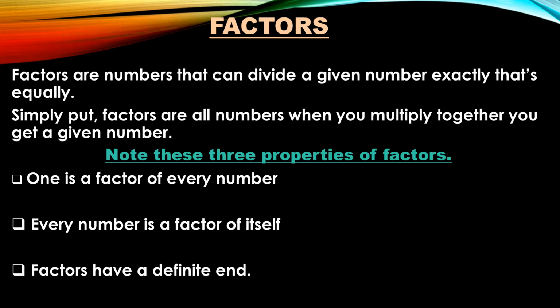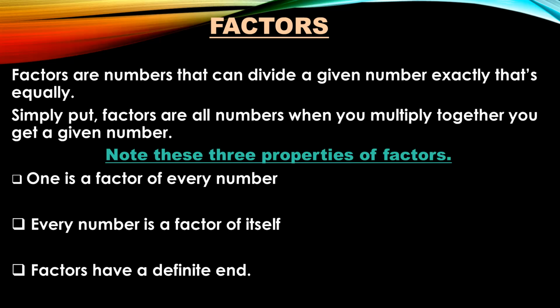Every number is a factor of itself. What does this one mean? Factors are numbers that can divide a given number equally, so the number itself must be included.